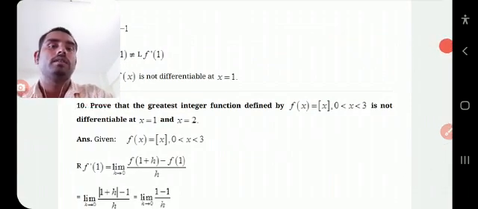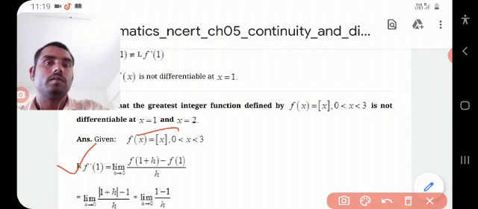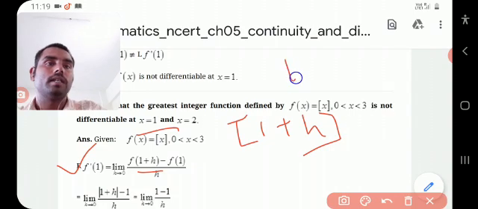Okay. So by the definition, check at 1 point. So f of 1 plus h minus f of 1 by h. Now box of 1 plus h, h is very small. Okay. For example, h equal to 0.5.